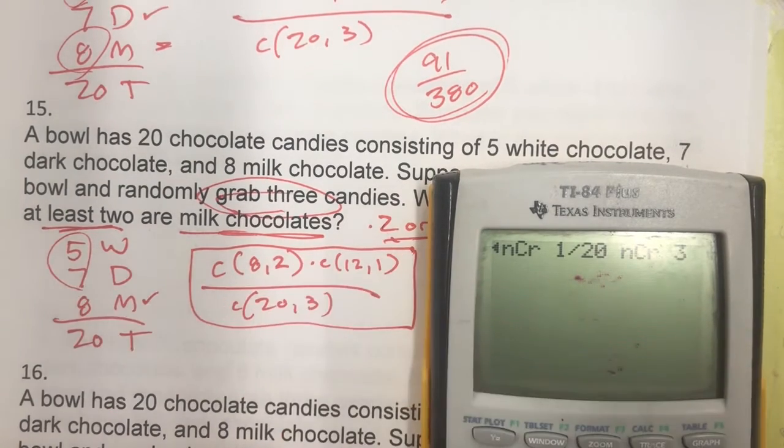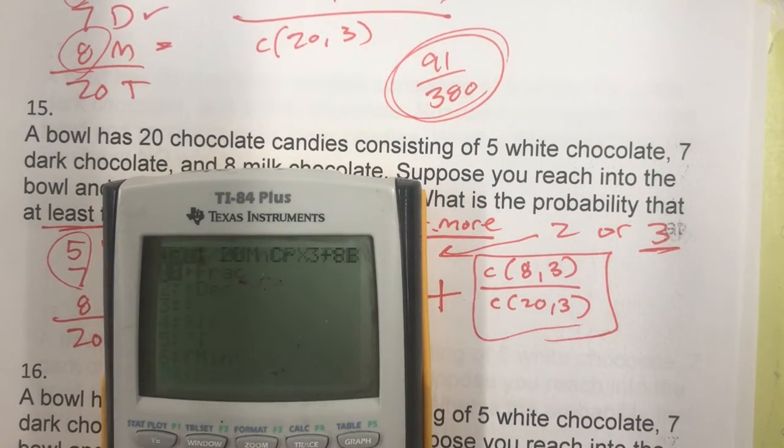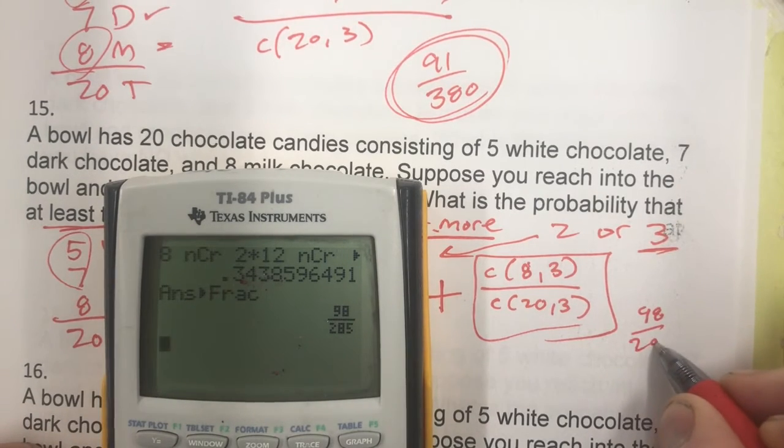All right, there's this one, plus, and now I do this one. 8 nCr 3 divided by 20 nCr 3. And there you go, change it to a fraction. 98 over 285.